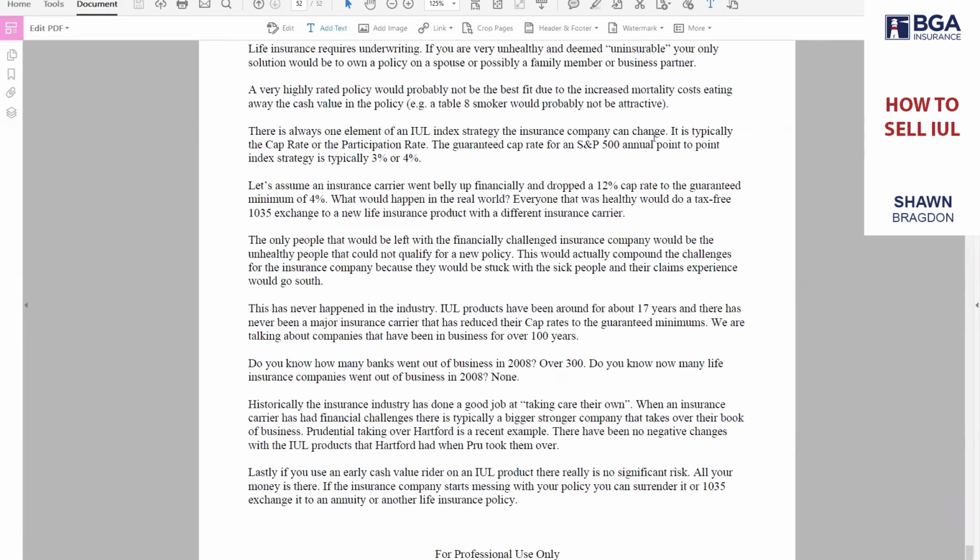One question, asked by Greg: does BGA provide any software to compare index IUL to other investments? We do. We have software that can show these types of comparisons of an index UL to alternative investment vehicles.